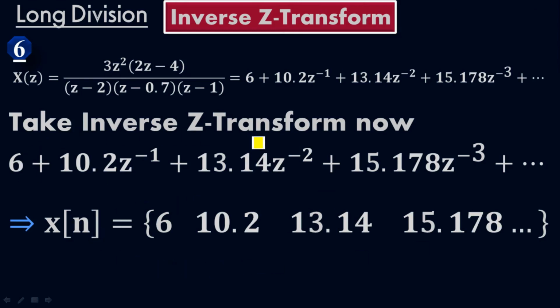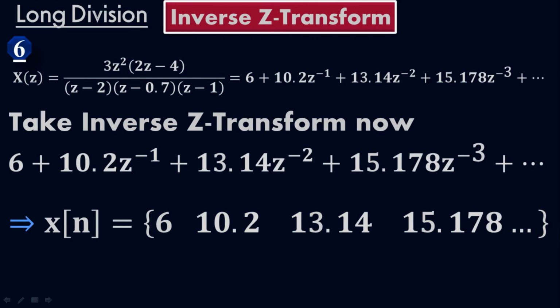We applied the inverse z transform here, which is this expression, and we got the signal in time domain. Look, these are the amplitudes of the signal. So I'm going to have 6, 10.2, 13.14, 15.178, and so on, because when you add more terms, you're going to have more amplitudes of the signal.